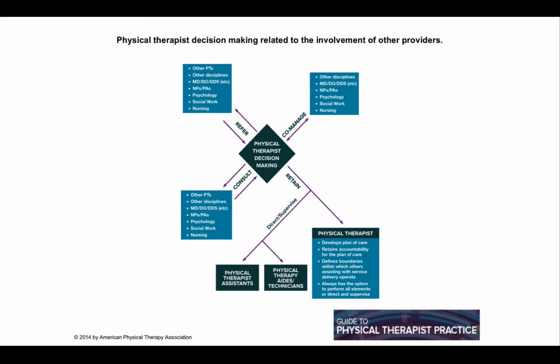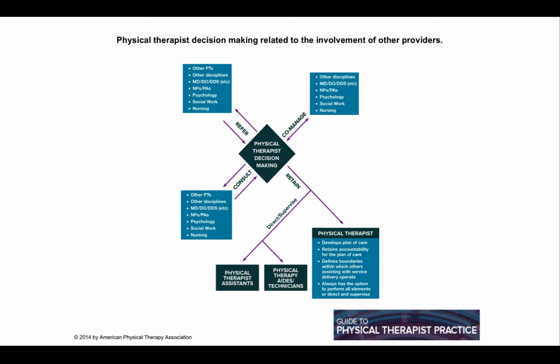So at any one time when you're working with a patient, you may decide that you should not be the one to treat that person, so you may refer them out. You may consult another professional for their input to help guide your diagnosis and intervention planning.